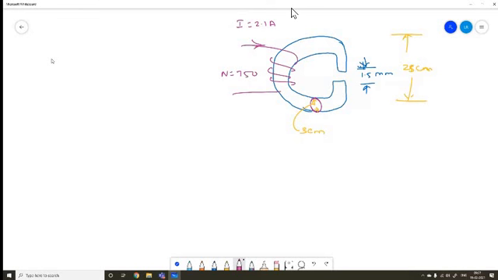So the total mmf is given by φ into S total, which is also equal to N into I, and this is also equal to H into L. Among all these three, we have the required data for this relation because we know N and we know I. So it will be easy for us to find the total mmf.